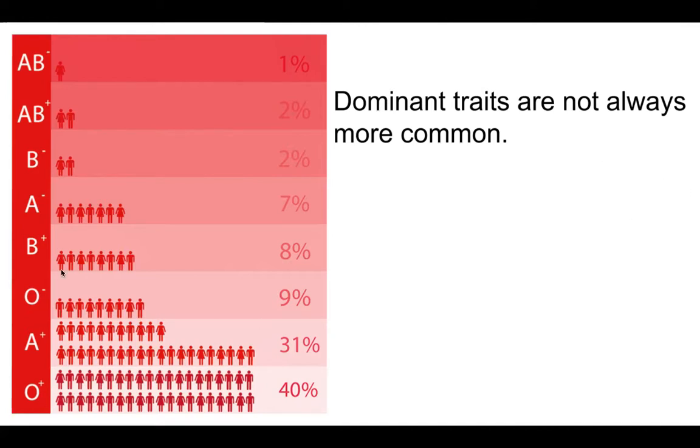For example, in most races, O is the most common, even though O is recessive to both A and B. A is the second most common, and so on and so forth. The rarest blood is way up here with AB negative, right? The least amount of people have that. If you're trying to get blood from somebody, boy, AB negative is going to be tough.